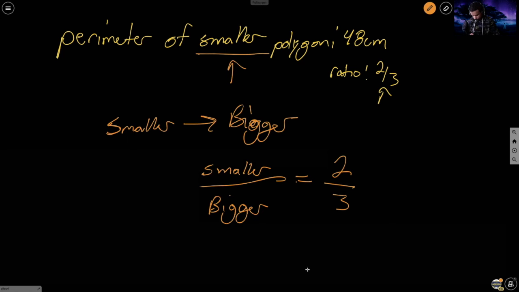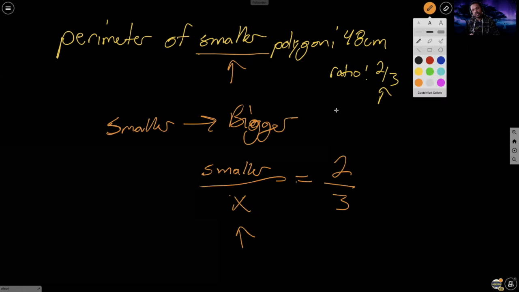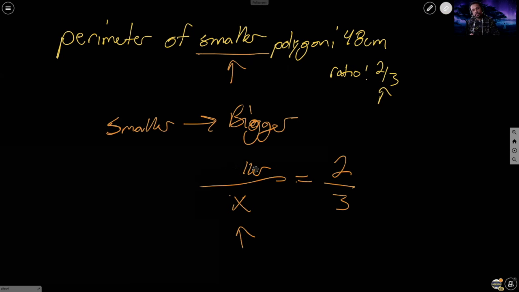Okay, so they let us know the perimeter for the smaller object is 48, but we don't know the perimeter for the bigger object. So then that is going to become x, and then the smaller is going to become 48.